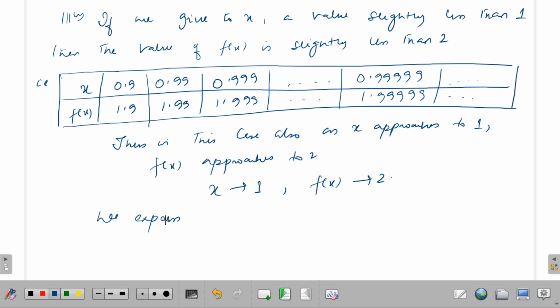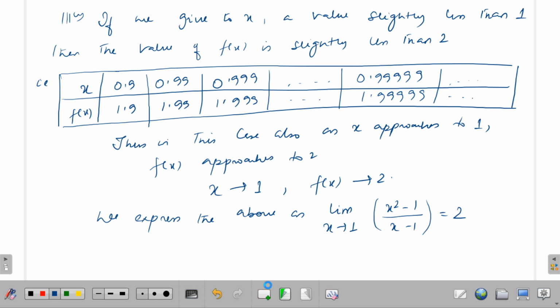So we express the above two things that we've done, for slightly less than 1 and slightly more than 1, as limit of x tends to 1, x squared minus 1 divided by x minus 1 is equal to 2.